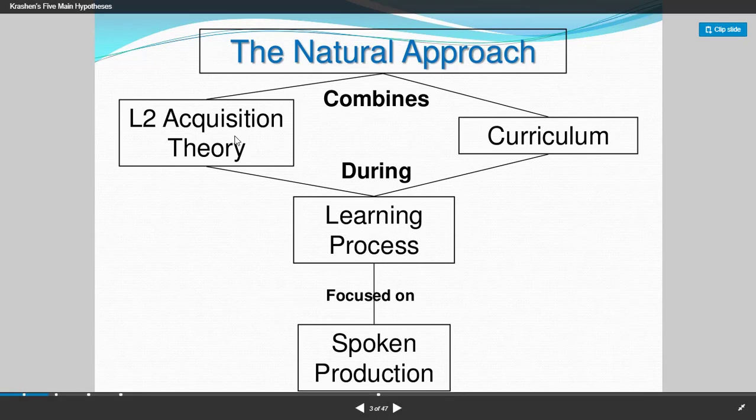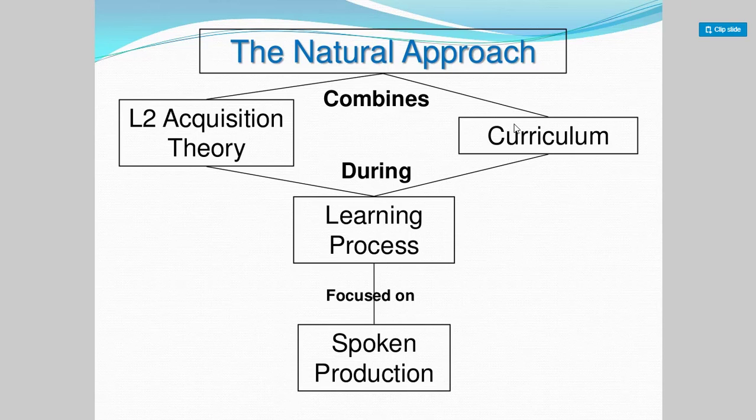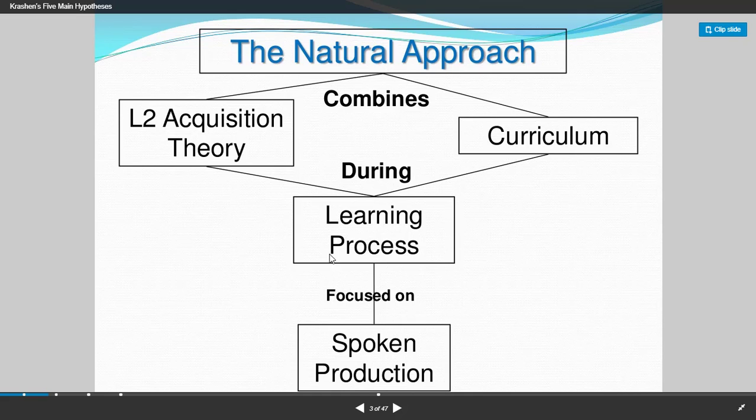So you need to combine the curriculum, meaning all the topics that the student is going to learn step by step, every requirement established based on the Common European Framework of Reference, right? All of this by taking into account the learning process of the student. Based on what? For us to be focused on spoken production.